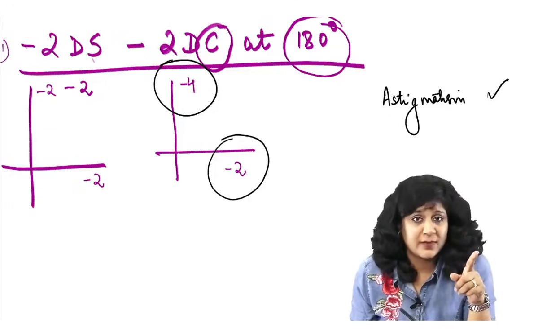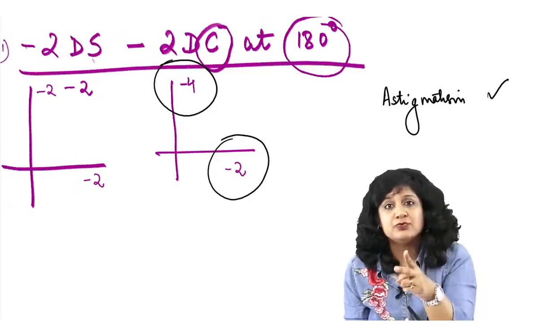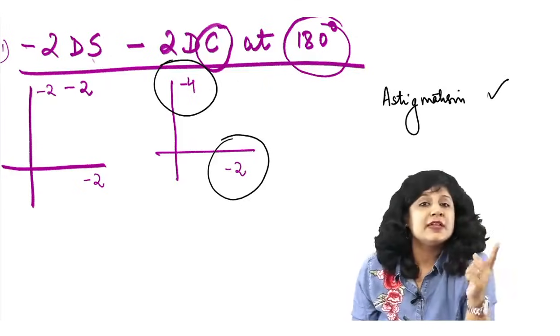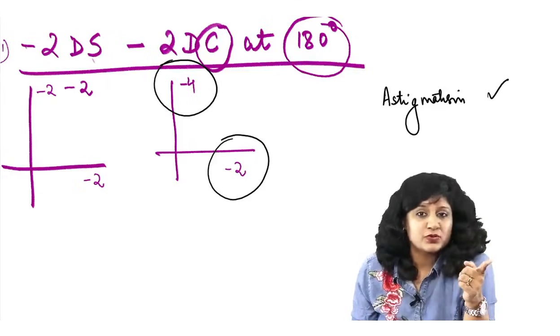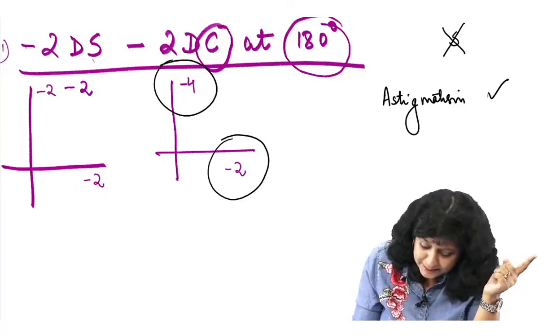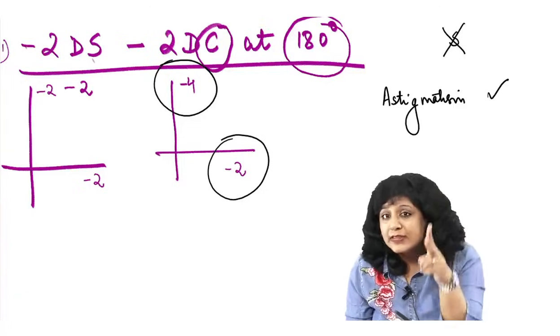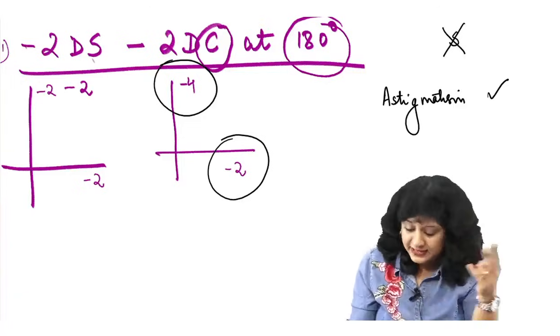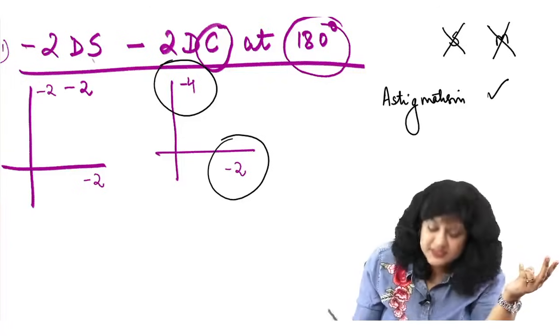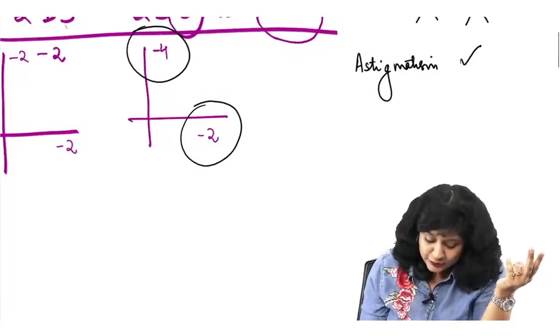What type of astigmatism? Simple, compound or mixed? None of the meridians is emmetropic, so it is not simple astigmatism. You have got different powers in both the meridians with the same sign, so it is not mixed astigmatism. So what kind of astigmatism?